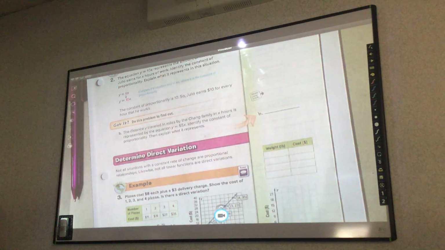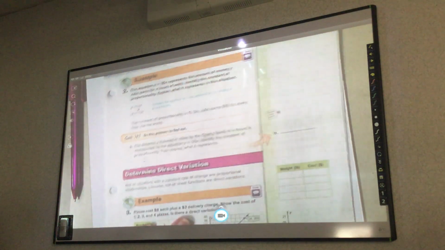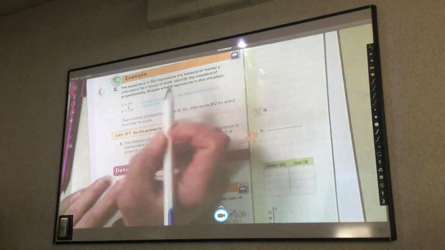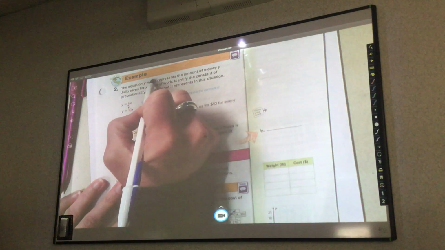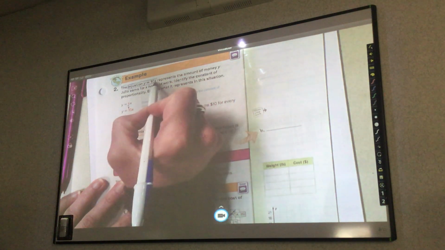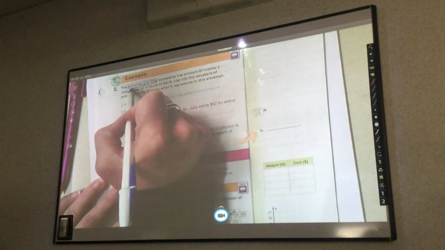Is there anything new in example 2 that I have not shown you? No, not at all. Because it tells us K times X, right? Yep. Put a box around the equation. It gives us the equation.